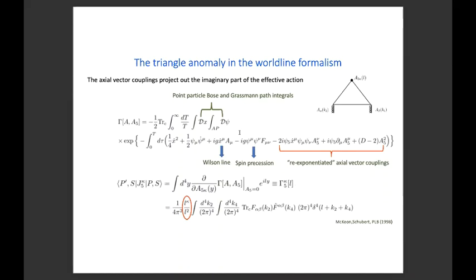Now if you take the terms from the measure, from the imaginary part, you can re-exponentiate that in terms of these axial vector couplings here. If you had no axial vector field, these would just be zero. But what they do is introduce these additional terms. Now if you take the functional derivative of this effective action with respect to this axial vector field and set it equal to zero, that reproduces the anomaly.